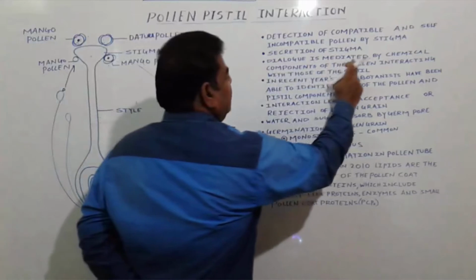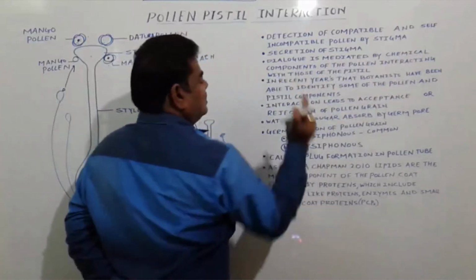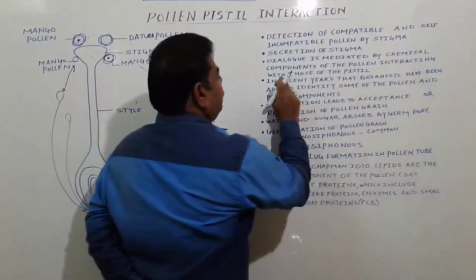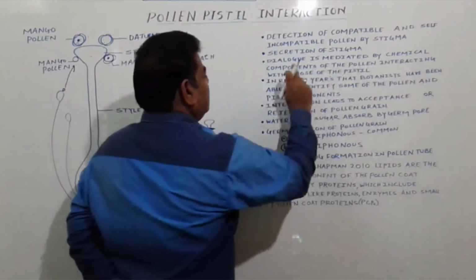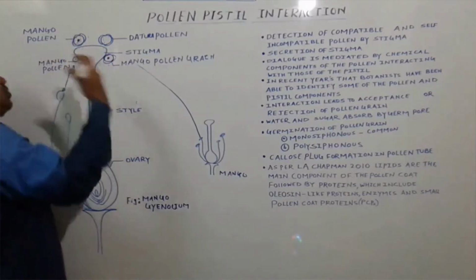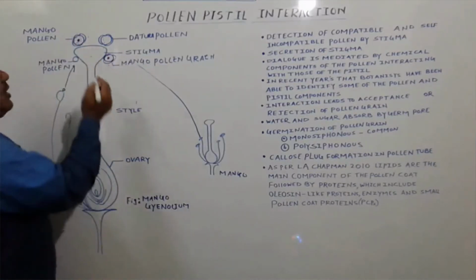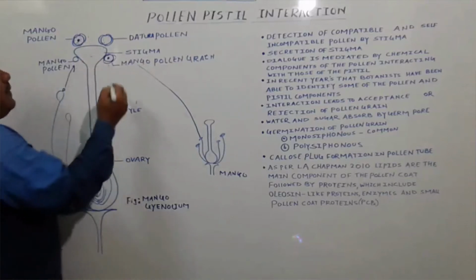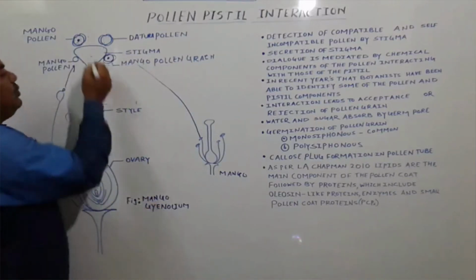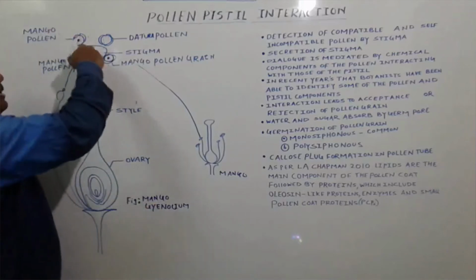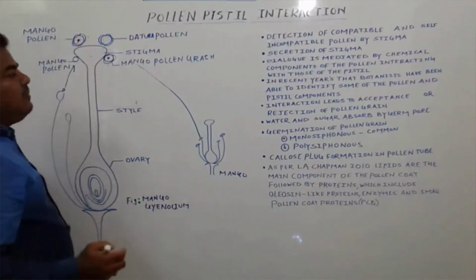The dialogue is mediated by chemical components of the pollen interacting with those of the pistil. There is a continuous dialogue between this most compatible mango pollen and the stigma of the mango gynoecium, or mango pistil.